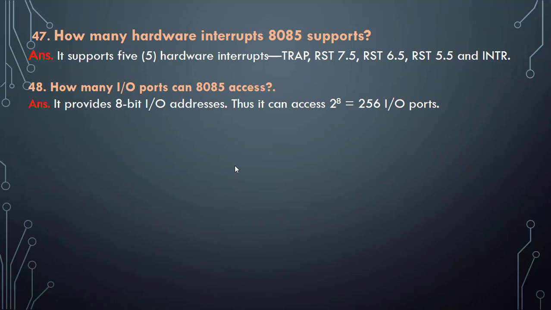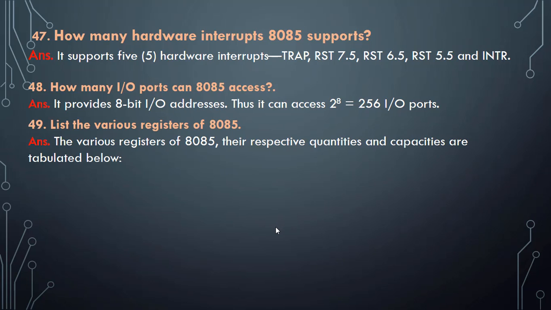The next question, how many input output ports can 8085 access? As it provides 8-bit input output addresses, it can access 2 to the power 8, that is 256 input output ports.